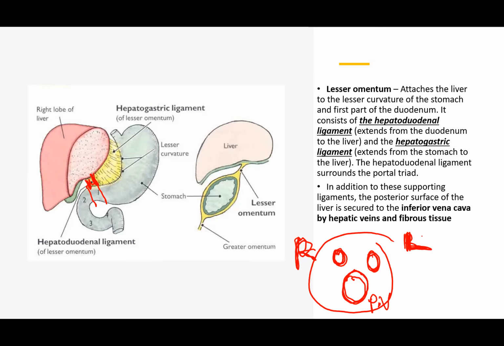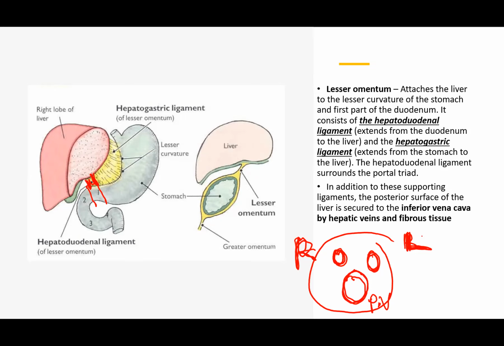In addition to this support, what are the ligaments that support the liver? You remember the coronary ligament, the triangular ligament. Then the lesser omentum has the hepatoduodenal and the hepatogastric ligament. In addition to these supporting ligaments, the posterior surface of the liver is secured to the inferior vena cava by the hepatic veins and fibrous tissue.